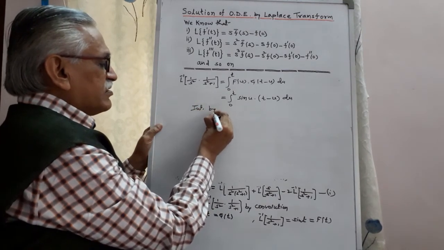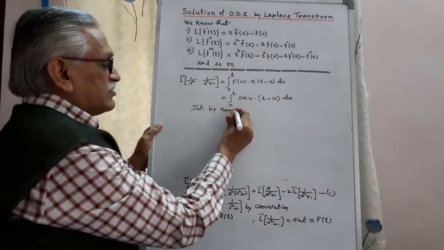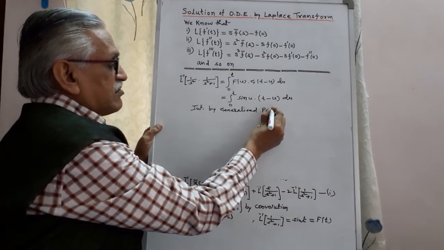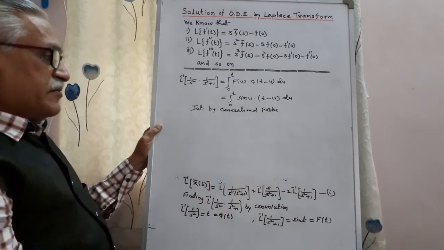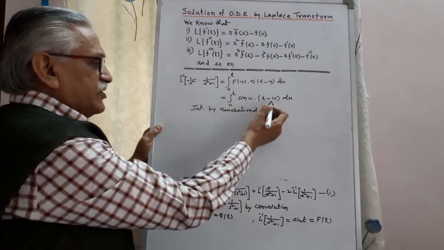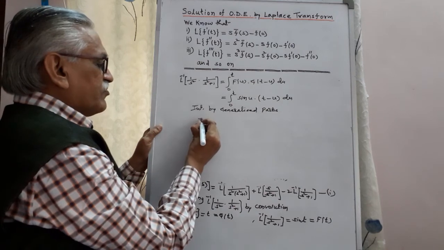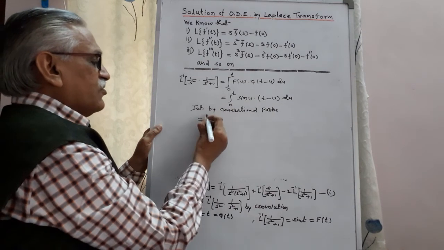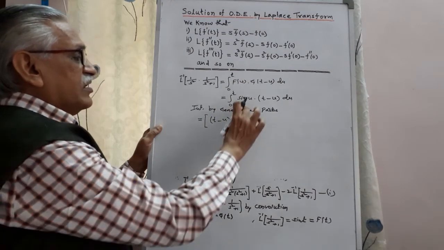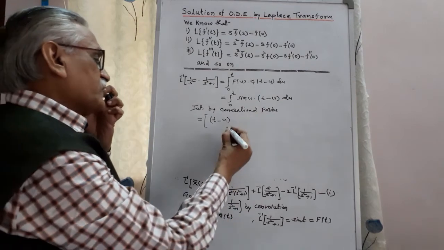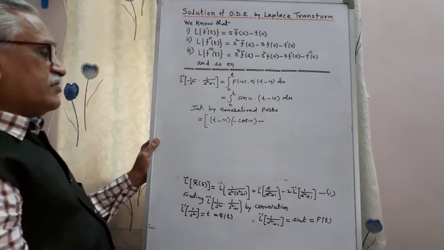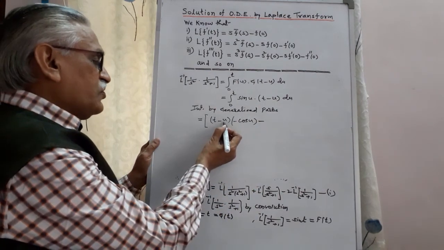Integrating by parts, this one is algebraic and this is trigonometric. Therefore, we consider the first term as t minus u. Integration of sine is minus cos u, minus derivative of this with respect to u.